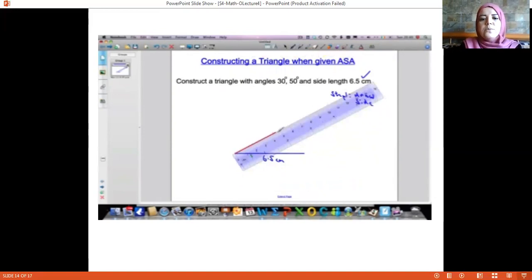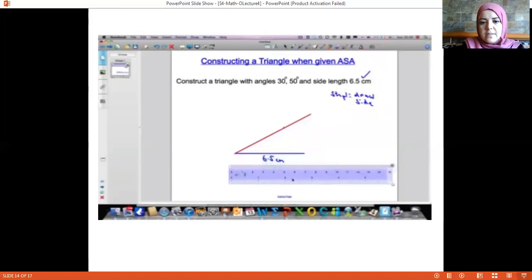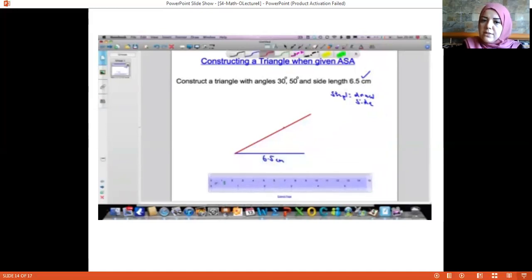This is step 2. You can extend the line as much as you want. You already know this. Now we are going to use the protractor.